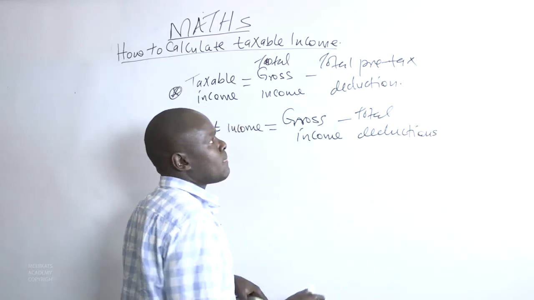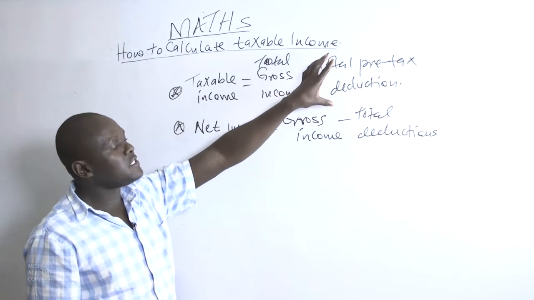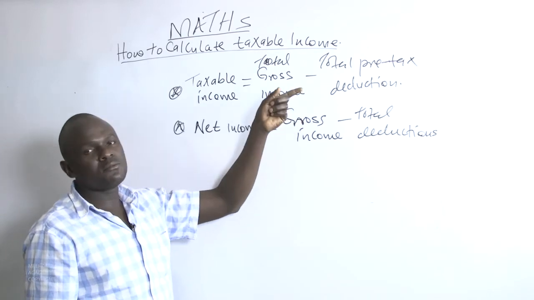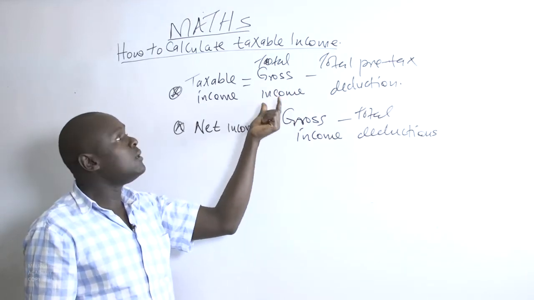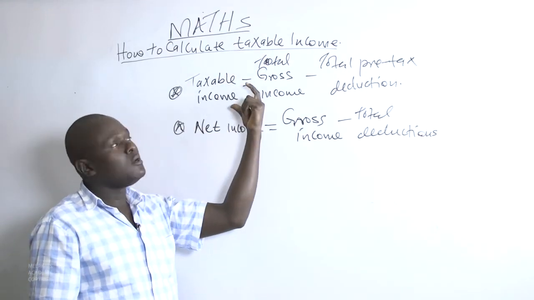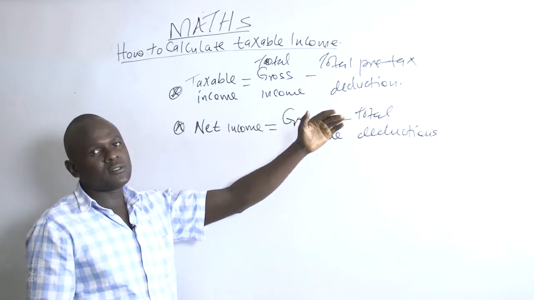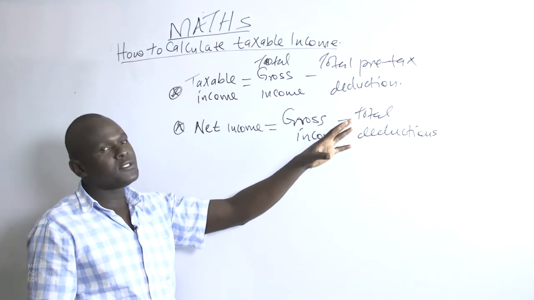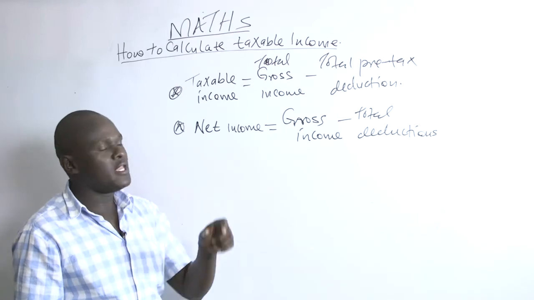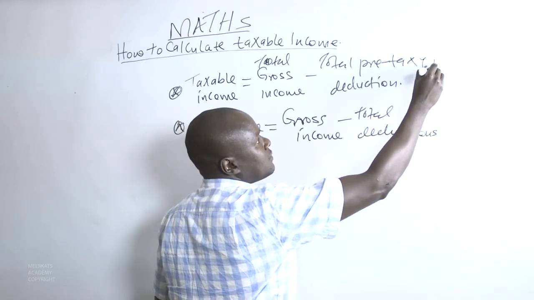We have two kinds of deductions here. In the first case, we are talking about total pre-tax deductions. These are the deductions made on the total gross income before the amount that remains, which we are calling the taxable income, goes through the various tax brackets with the aim of getting the income tax payable.